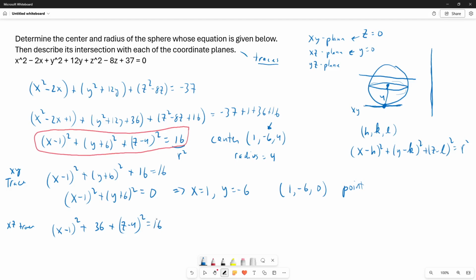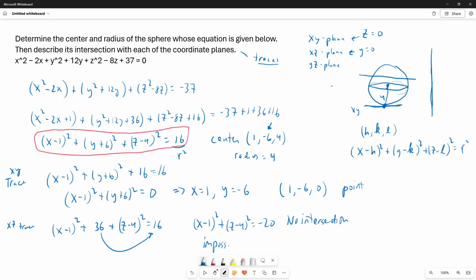Put that equal to 16. Subtract this over, and we get (x minus 1) squared plus (z minus 4) squared is equal to negative 20. And that's just impossible because this is non-negative plus non-negative, giving us a negative number. So there is no intersection.